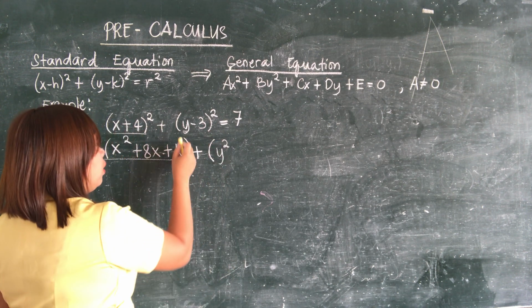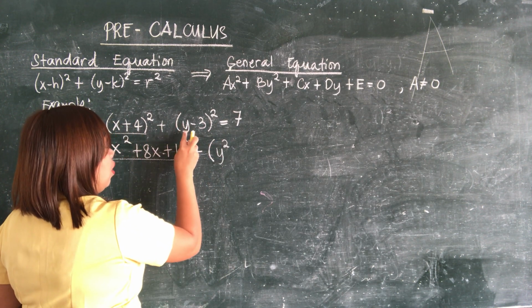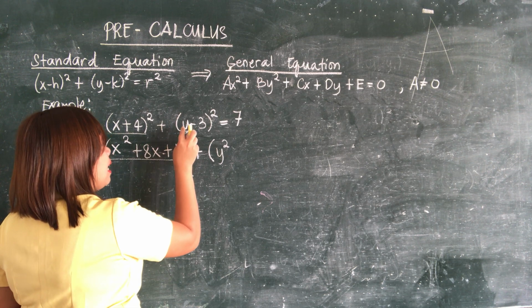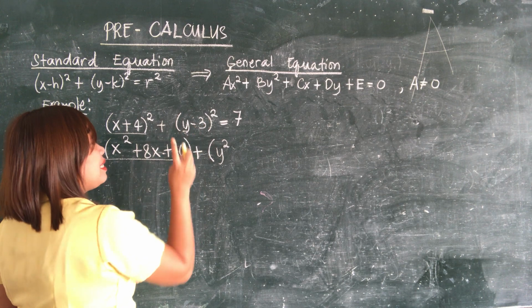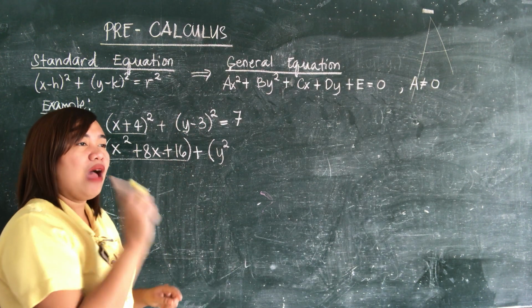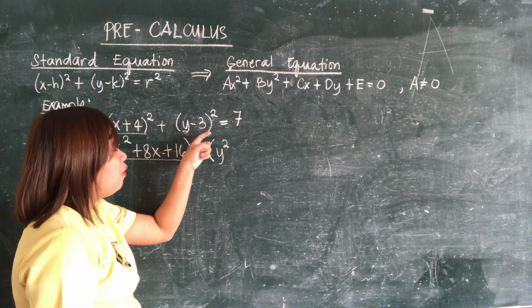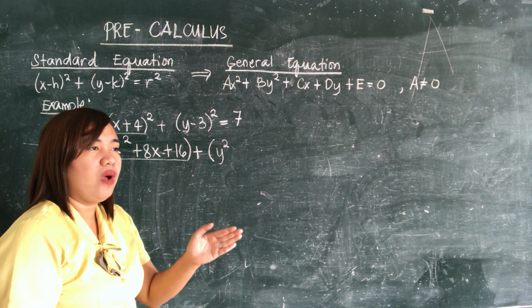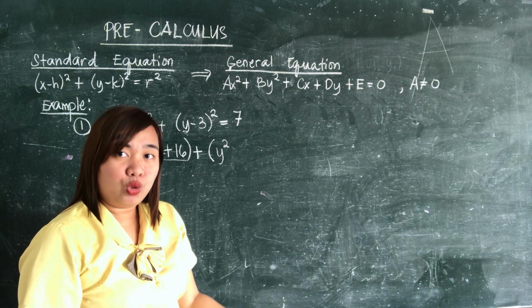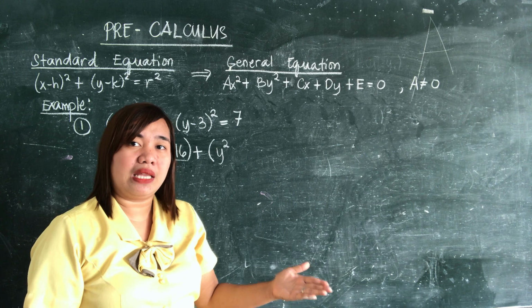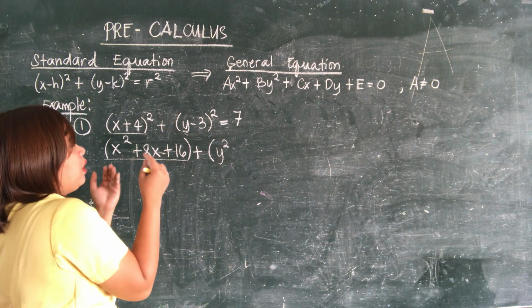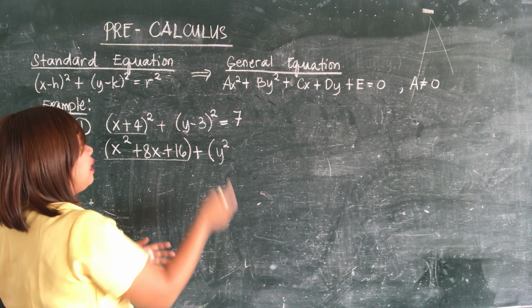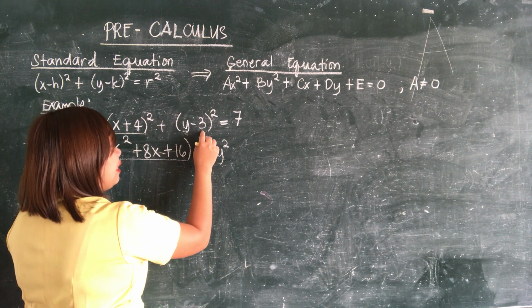Then multiply the first variable y times negative 3. So y times negative 3 is negative 3y. Then after you multiply y and negative 3, since you have negative 3y, you multiply that by 2. Constant yung 2 natin. So again, yung second term makukuha natin if we multiply by 2 yung product ng y and negative 3.